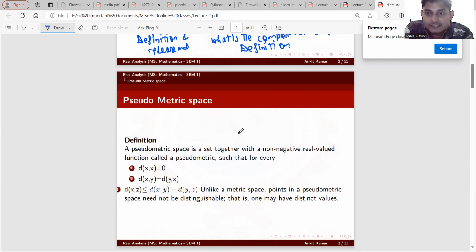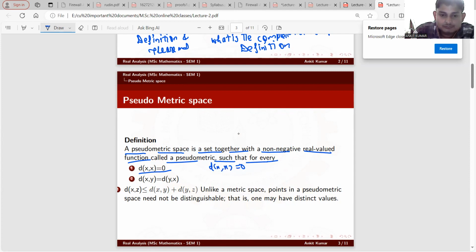So, what is the pseudo-metric space? Basically, first of all, we define the definition. A pseudo-metric space is a set together with a non-negative real valued function called a pseudo-metric, such that for every x, d of x comma x is equal to 0. d of x comma y is equal to d of y comma x.